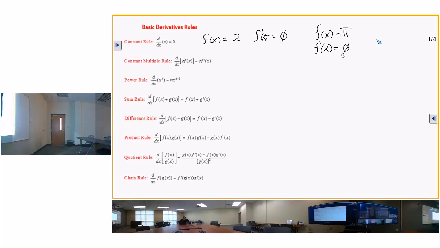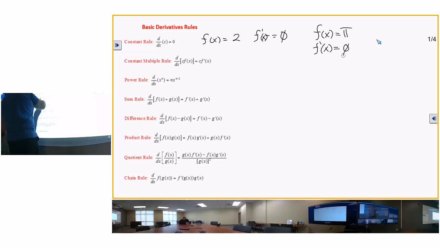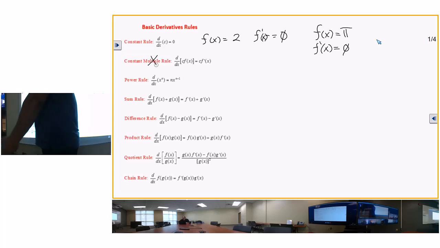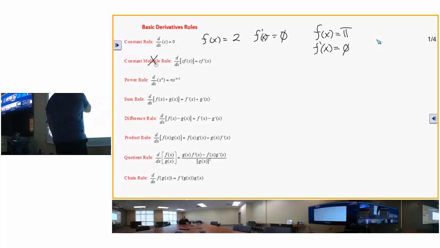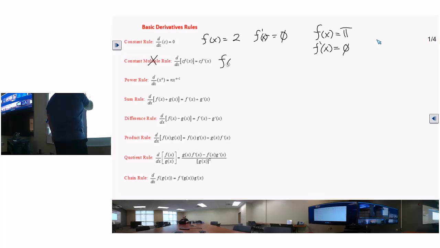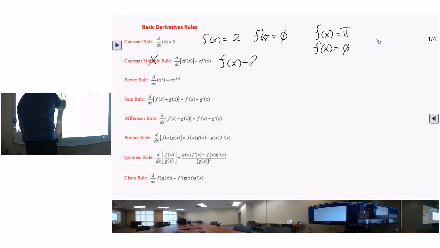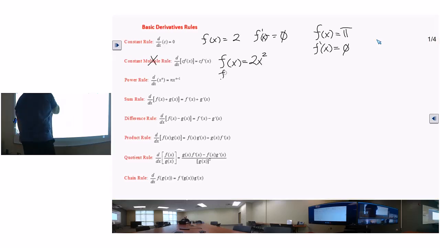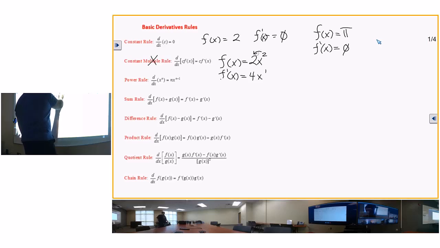This right here tells you that you can have a constant in front of a function. This is really not important, okay? That's basically saying what we already went over. F of x is equal to 2x squared. Therefore, f prime of x is equal to 4x to the first. I took that 2 and I multiplied. Now, a lot of people say, well, what's the constant rule say?